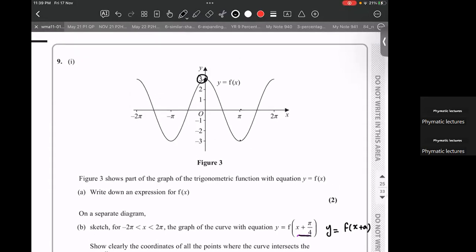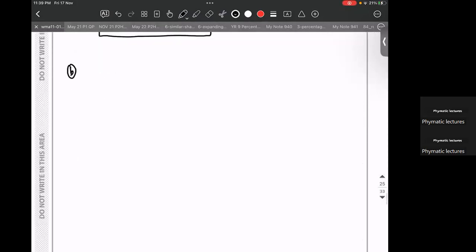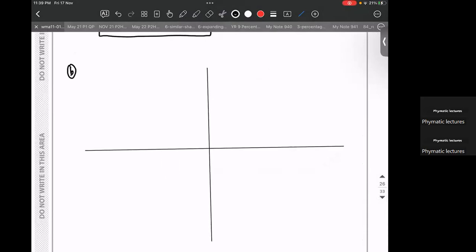So what we should do is, first of all, we will draw the x and y axes. Then, because pi by 4 is there, we will divide this x-axis in multiples of pi by 4.